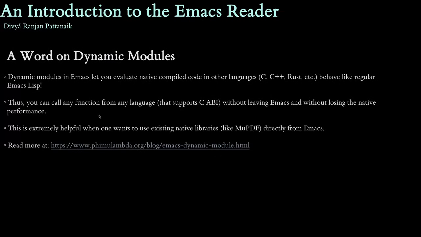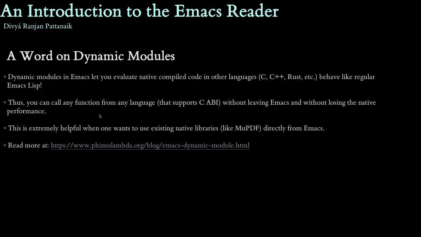So you can call any function from any language that supports C ABI, which is virtually everything, without leaving Emacs and without losing any performance. This is extremely helpful when you want to use existing libraries like MuPDF or any other cryptographic library that is written in C, and you don't want to rewrite the entire thing in eLisp, but you can just use it as a native library.